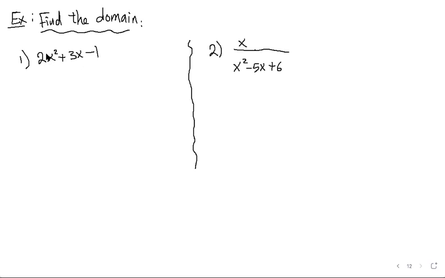Can I plug the 0? 2 times 0 squared plus 3 times 0 minus 1. Yes, I can plug the 0 too. So that means the domain here is all real numbers, from minus infinity to infinity.